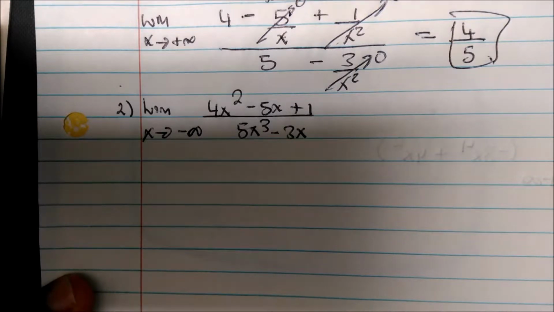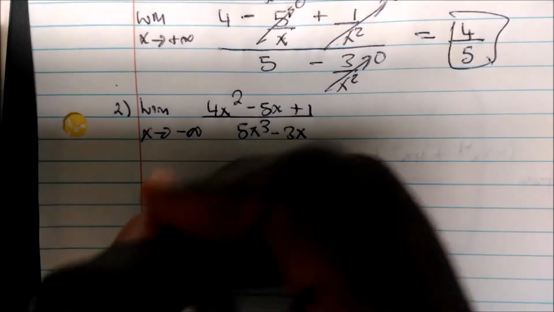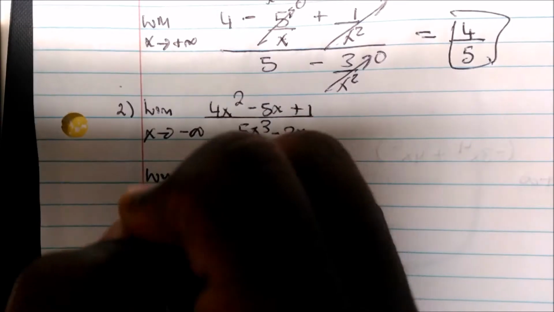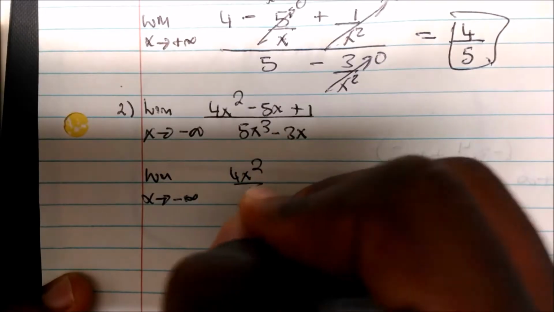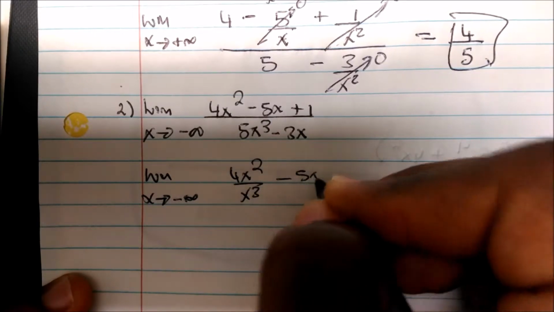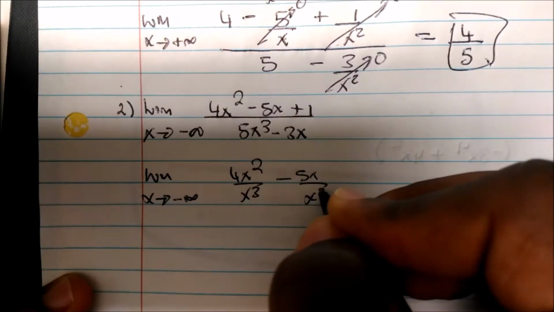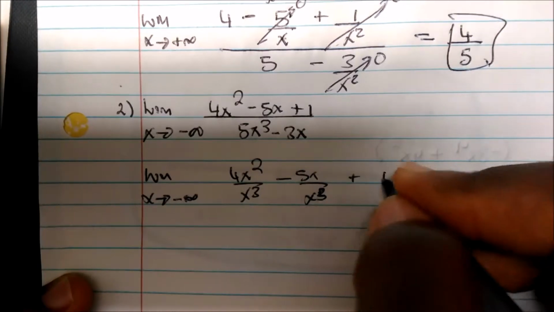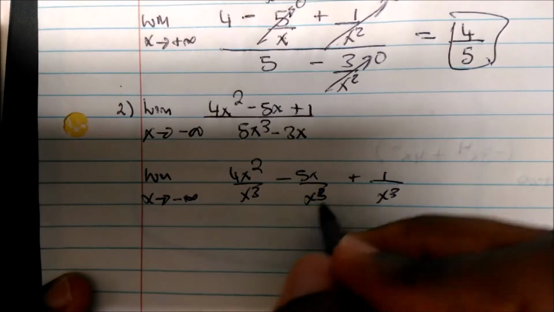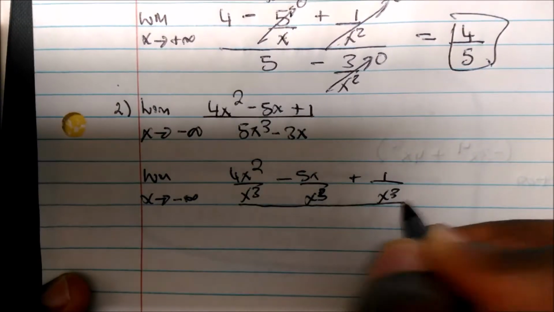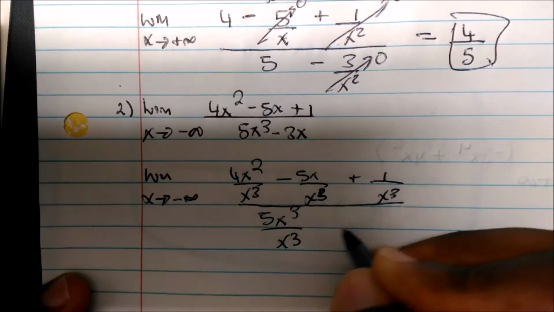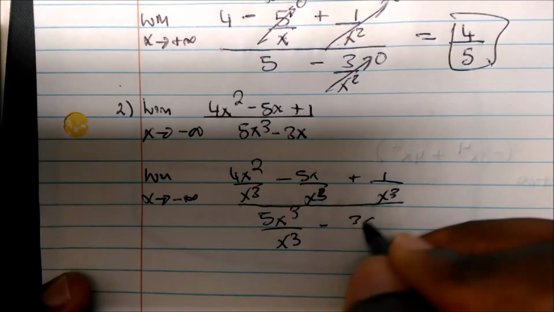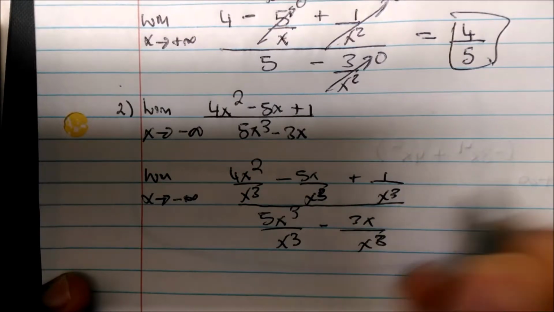Limit going to negative infinity with this one. Divide by the highest power of x in the denominator again. So the limit as x approaches negative infinity is 4x squared over x cubed minus 5x over x cubed plus 1 over x cubed, and that is all divided by 5x cubed over x cubed minus 3x over x cubed.